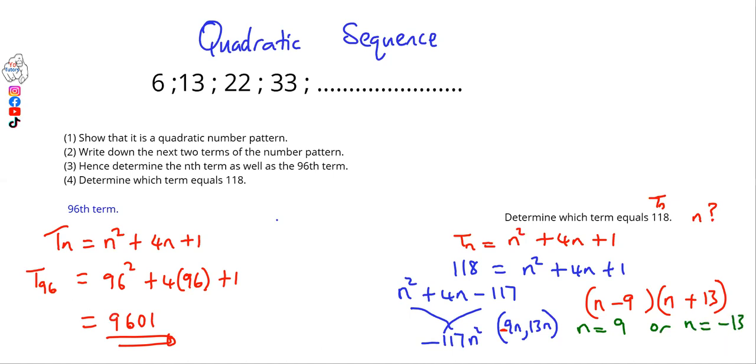But we can't have n as a negative, because remember, n is actually the position of the term. We are counting 1, 2, so it's always from T1, T2, T3, but we can't have a negative term. So here it can't be equal to negative 13. So we will choose our n as 9.